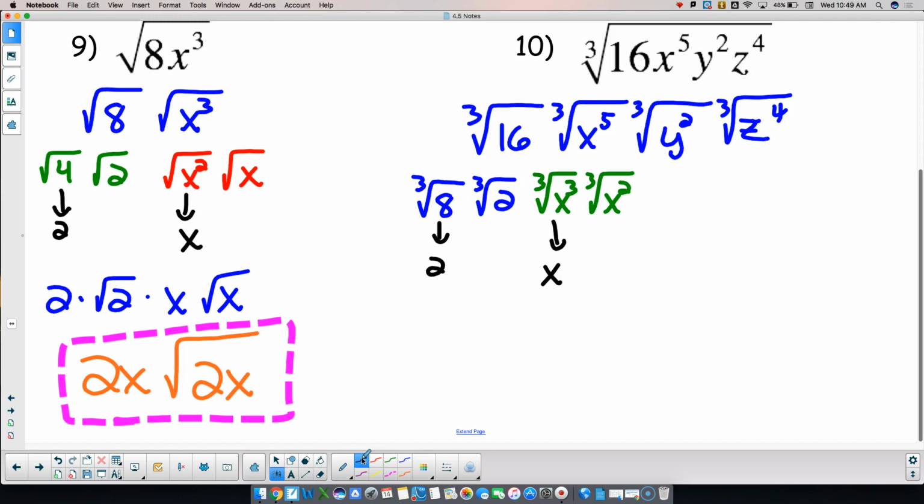So your even exponent, does that work out? No, because we've got x cubed and cubed is odd. Okay. I would say that this one stays the cube root of y squared. I would say this one becomes the cube root of z cubed and the cube root of z.